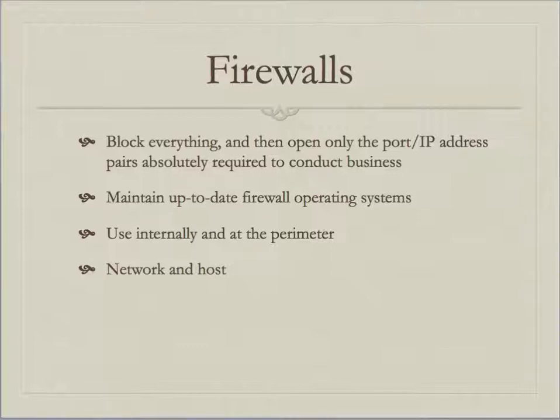A network firewall is just what it sounds like. It gets connected onto your network, and all the traffic has to pass through it before it gets from one side of the firewall to the other. For example, if I'm coming into your data center from the internet, I'm going to have to hit that firewall.